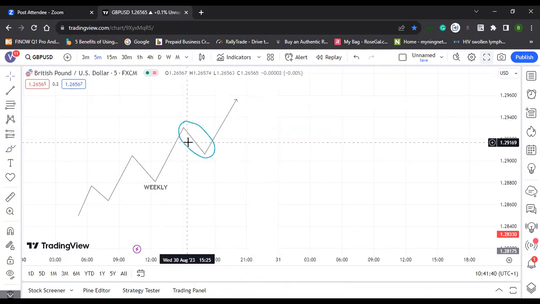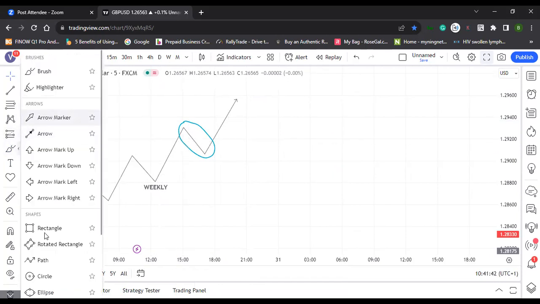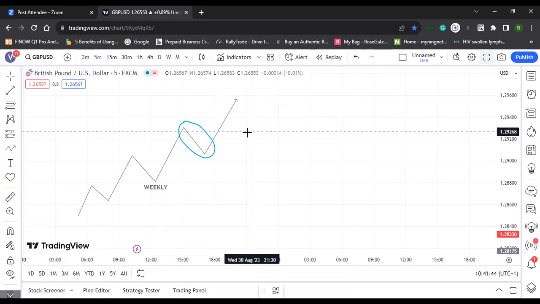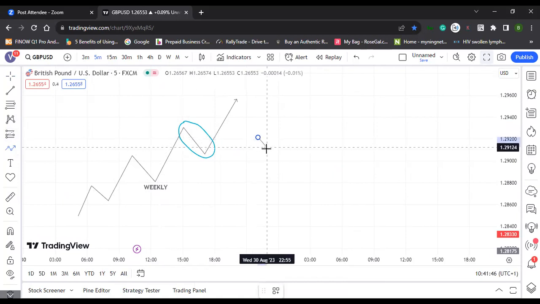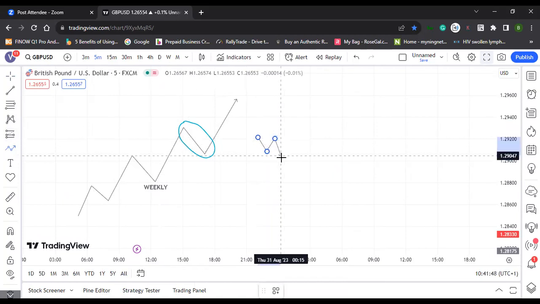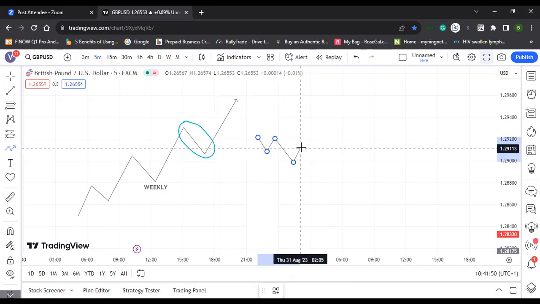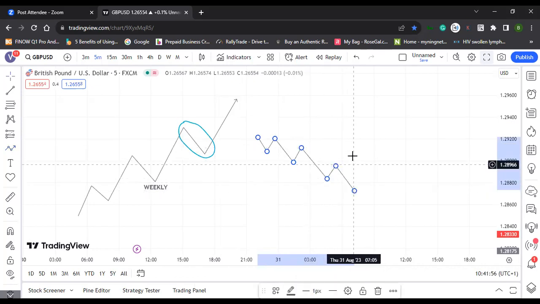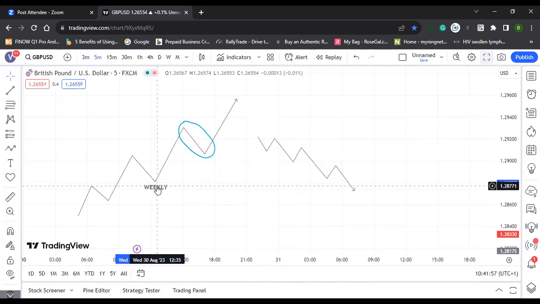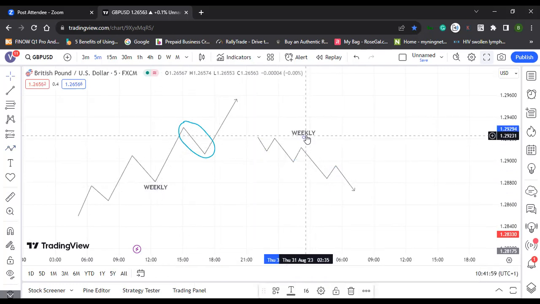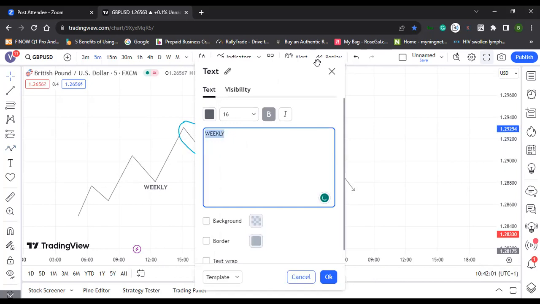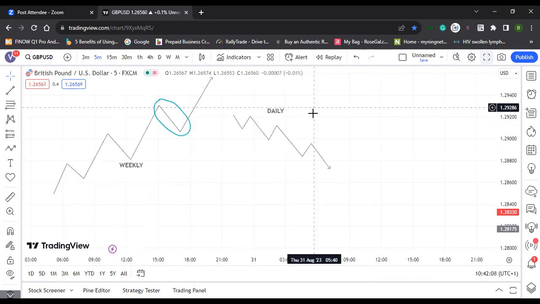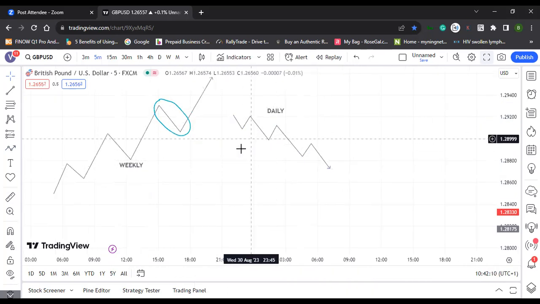All right, so on this zone, we might start seeing things like this on, let's say, the daily. The daily. So now, how to identify liquidity?